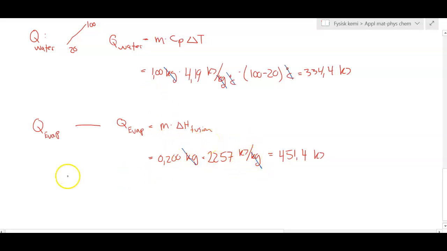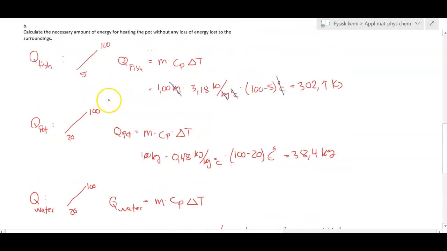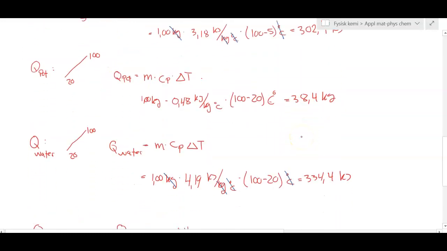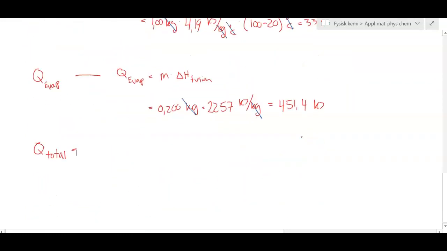All right, so Q total for the second part here is just these 4 contributions added together. 1, 2, 3, 4.